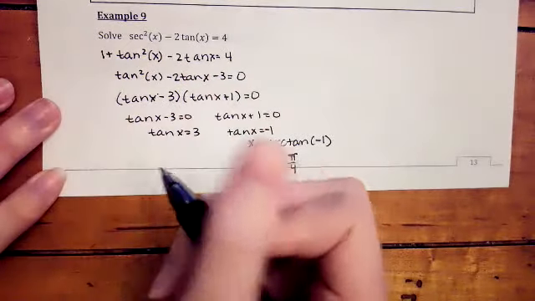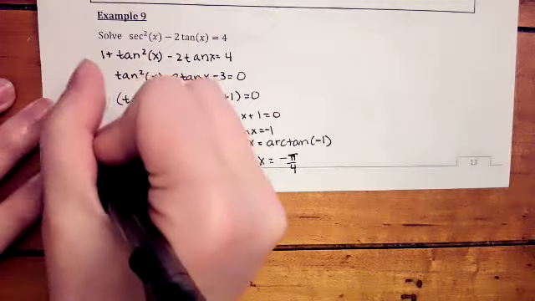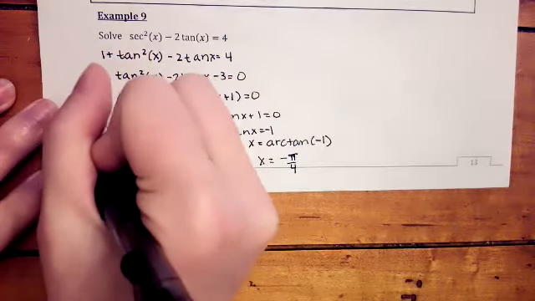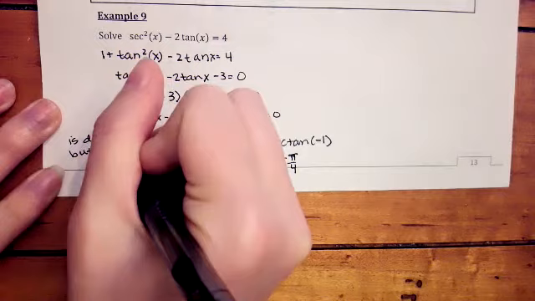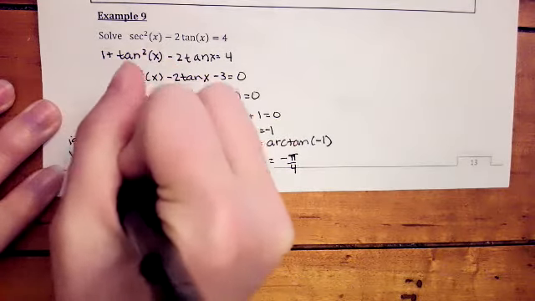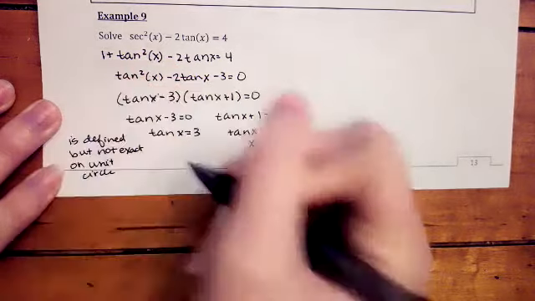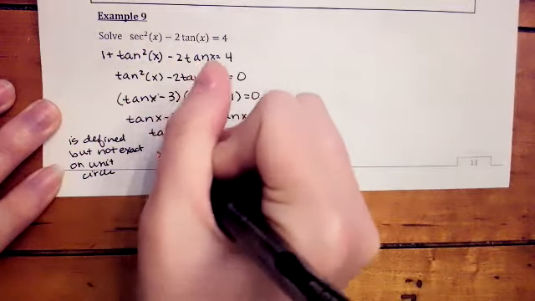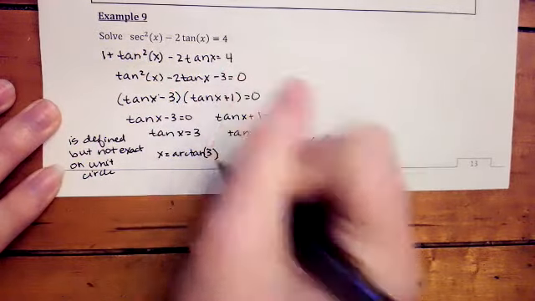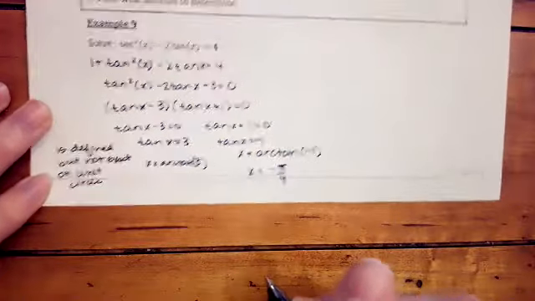This one, tan of x is equal to 3, is defined, but is not exact on our unit circle. So we'll have that x is equal to arctan of 3, but beyond that, you would want to use a calculator.